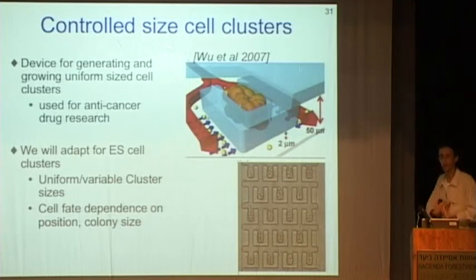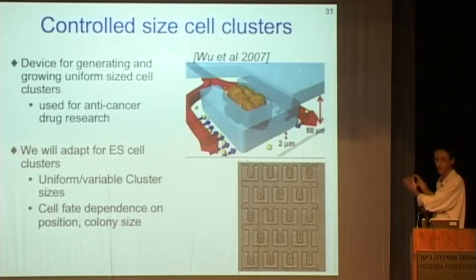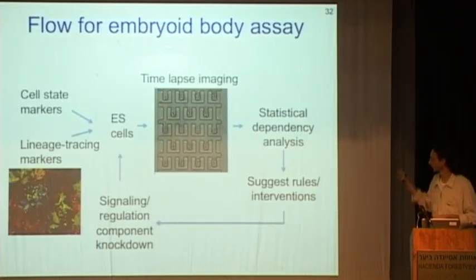From my perspective, this also gives us an option to look at a large number, several hundreds or thousands of instances. In this case, every instance is a cluster of cells, and we can follow differentiation dynamics in them. So the plan is to use, again, fluorescent lineage markers.